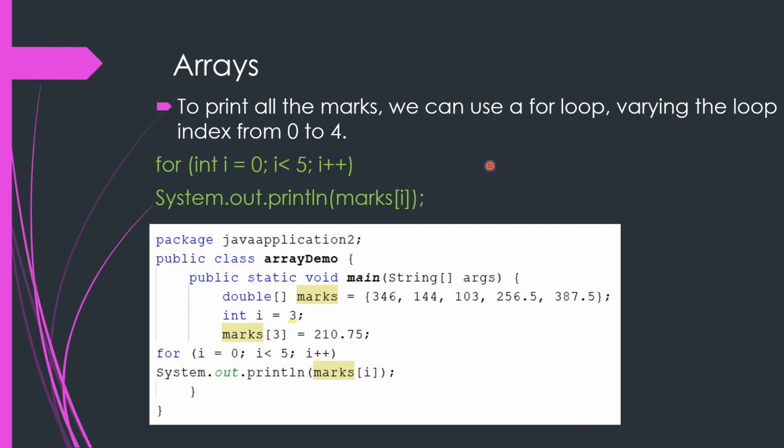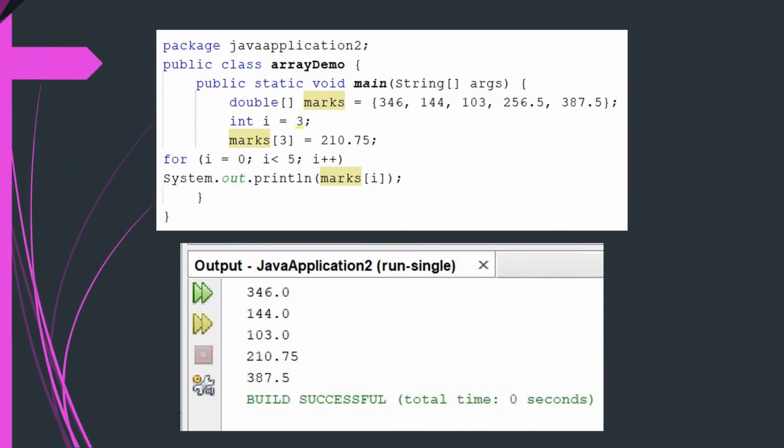We want to print the marks, and since marks is a kind of array, we have written it in the form of array. So here you can see in the coding part we have initialized the variable, we have given the for loop statement, and we have also given the print statement. So this was our coding.